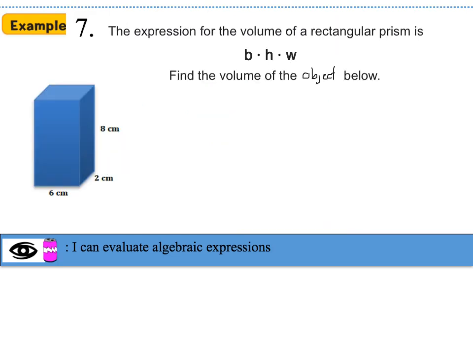For example 7, it says the expression for the volume of a rectangular prism is B times H times W. Well, the B stands for base, so this would be the base of the object. The H stands for the height of the object.